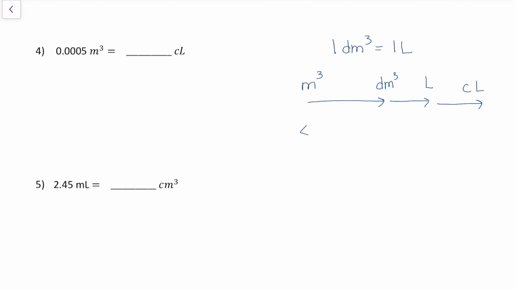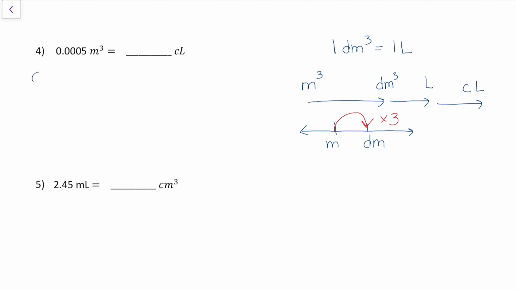So if I'm looking at my meters to decimeters conversion, we know that we have meters as our base, and then we have decimeters, centimeters, millimeters, and so on. And so to go from meters to decimeter, I need to do one jump to the left, but I'm going to times that by 3 because it's a volume. I have cubic. It's not meters to decimeters, it's cubic meters to cubic decimeters.